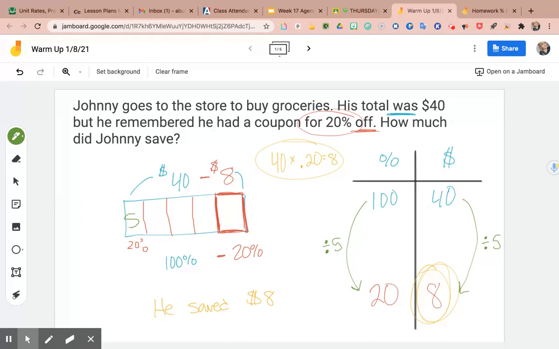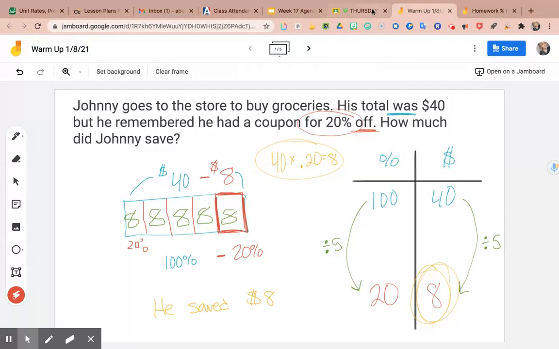And we can even check it. 8 plus 8 is 16, plus 8 is 24, plus 8 again is 32, plus 8 again is 40. So if there are 5 boxes, each of them has to be $8 to add up to 40. Which means, looking at my picture, 20%, which is that red box that I drew, has to be $8.